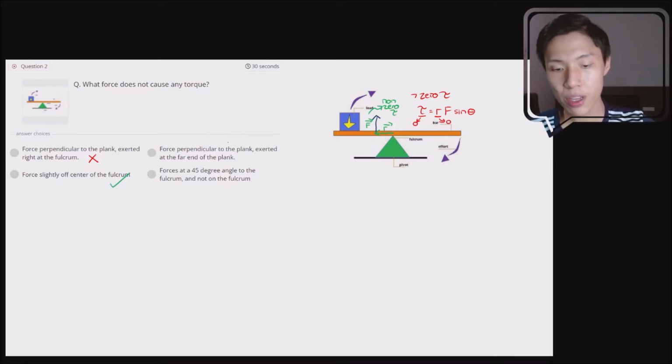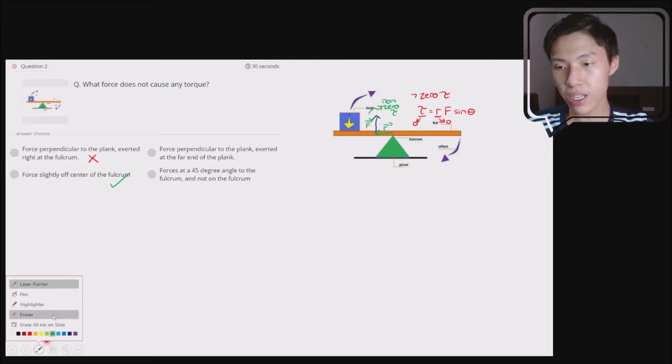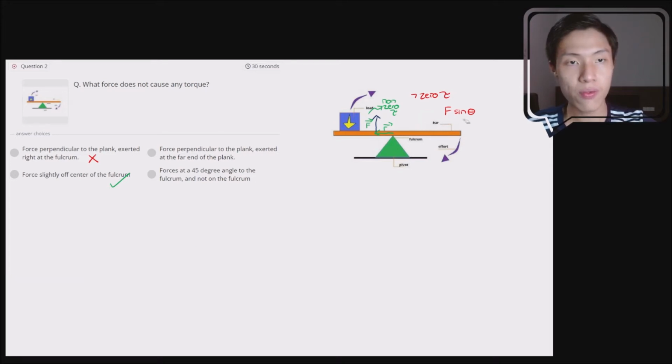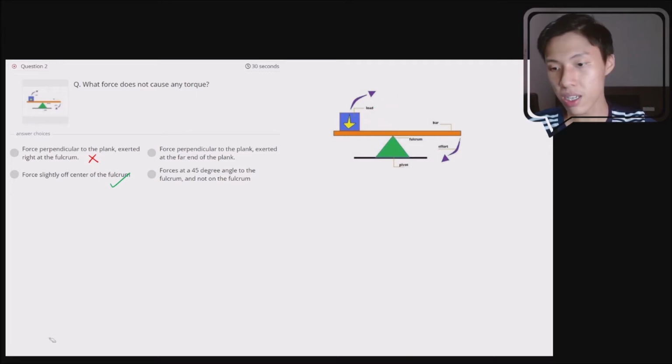Next, force perpendicular to the plank but exerted at the far end of the plank. So if I clear things up over here, a force exerted at the far end of the plank will be exerted somewhere over here. So this is the far end of the plank. If you exert a force somewhere here, perpendicular to the plank as well, then you should expect a large torque.